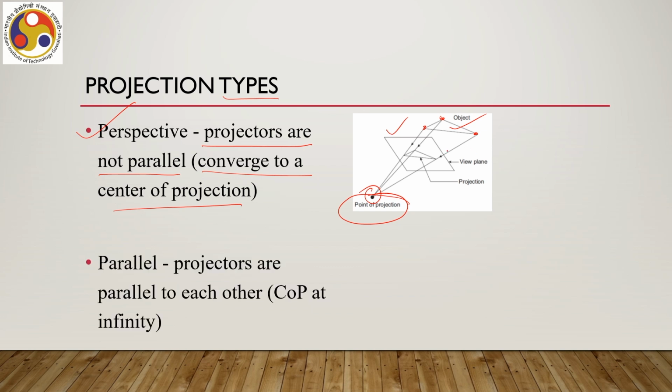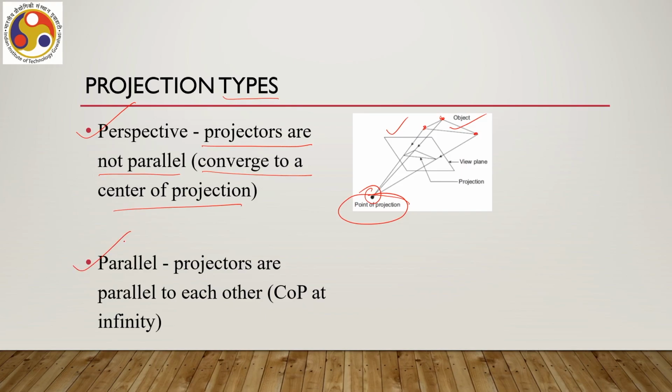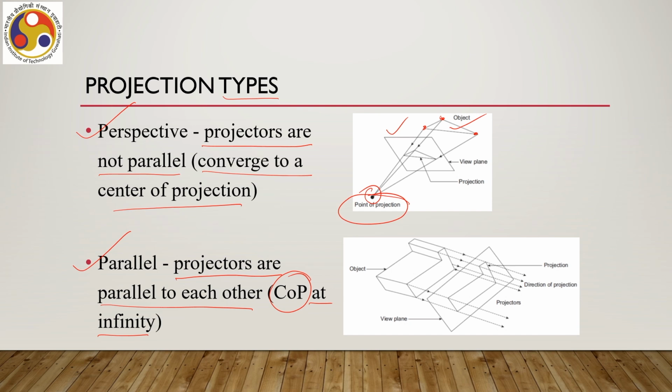So, this perspective projection gives us a realistic rendering, a realistic feeling. So, if we want to generate a realistic scene, then we should stick to perspective projection. Now, there is another type of projection, that is called parallel projection. Here the projectors are parallel to each other, that is, the center of projection or the point of projection is at infinity. That means they never meet.